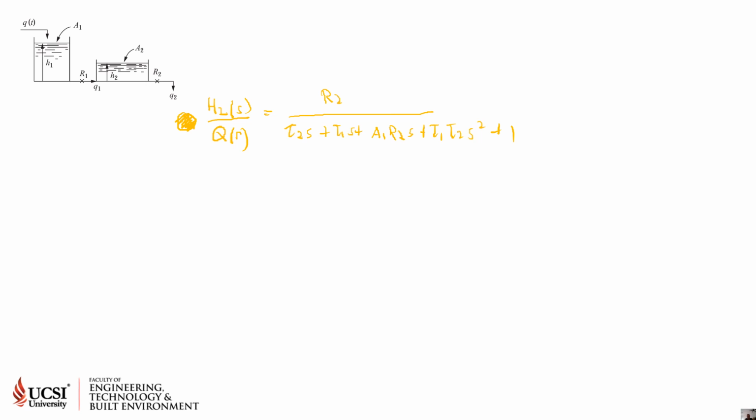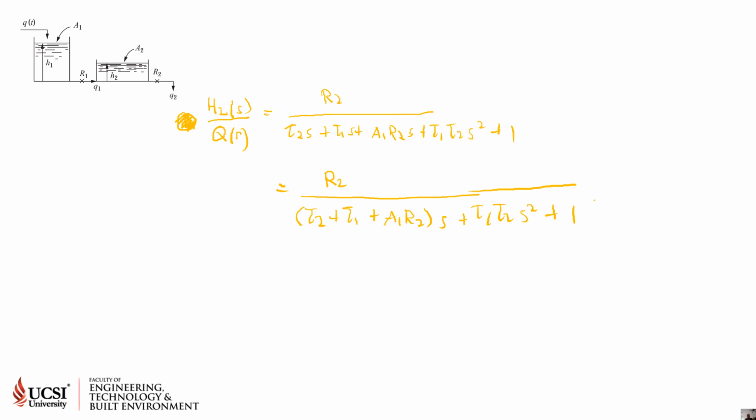So we can rearrange this again to R2 over, try to factorize this, tau 2 plus tau 1, plus A1 R2 s, right, plus tau 1 tau 2 s power of 2 plus 1.